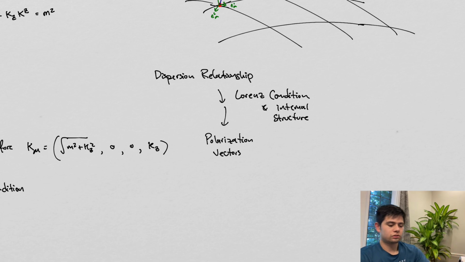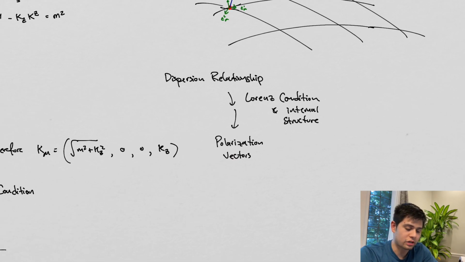So these are all concepts that you'll come across in quantum field theory, even in quantum mechanics. They're all deeply interconnected with one another. We have this dispersion relationship. When we consider this dispersion relationship under the Lorentz condition and under internal structure, given that we are stipulating there's some sort of internal structure here, we get our polarization vectors that emerge out of this.